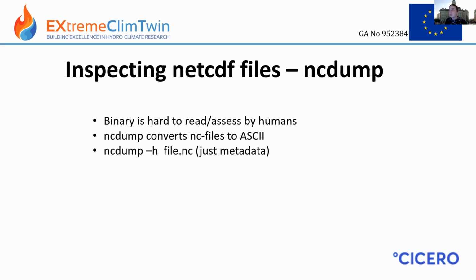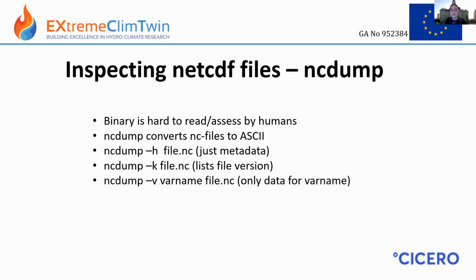If we do ncdump -h, we just get the header, which is just the metadata. ncdump -k will just give us the file version, so if it's NetCDF4, NetCDF3, or so on, that might be useful sometimes. ncdump -v and then the name of the variable just shows you the data for that variable.